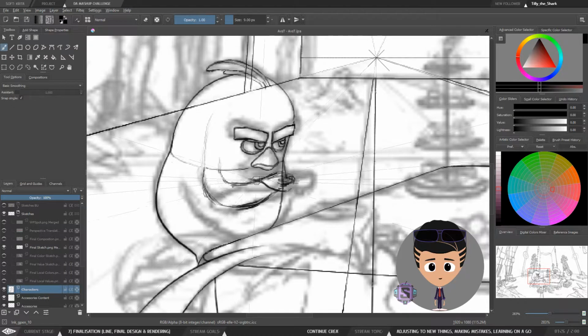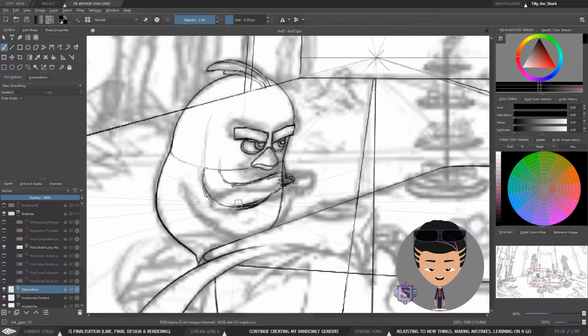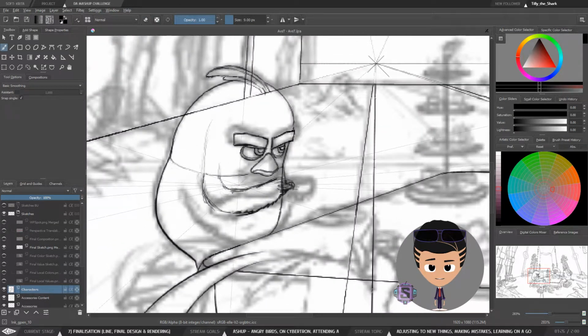And this wing here is going to go under.